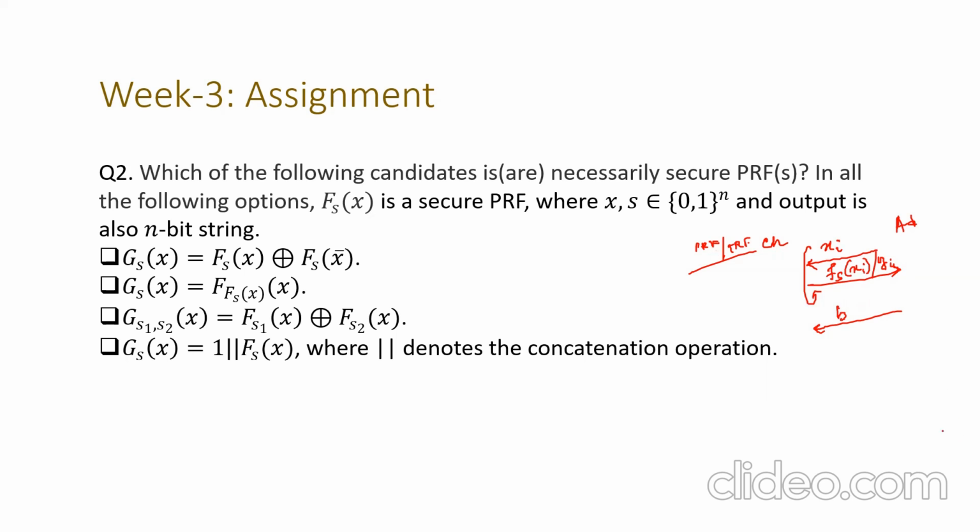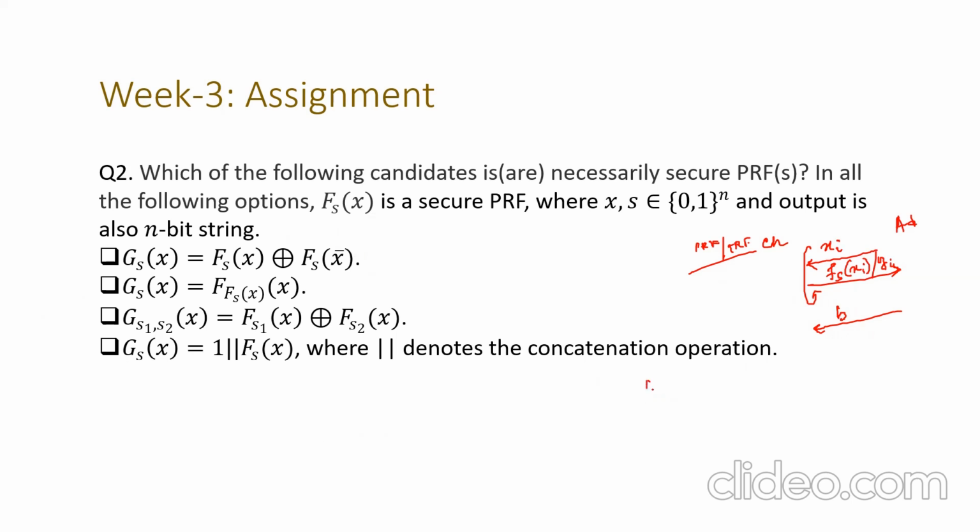Now, if the adversary is able to guess correctly, with non-negligible probability, whether it was interacting with a truly random function or a pseudo random function, then the adversary wins, and we say that the PRF is not secure. Now, for this particular example, how can the PRF G's security be broken?